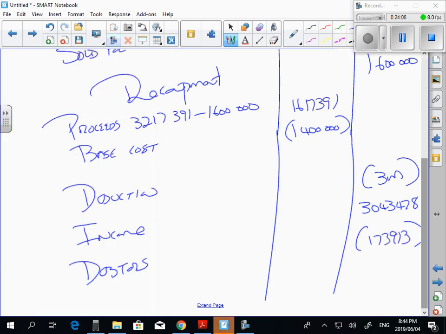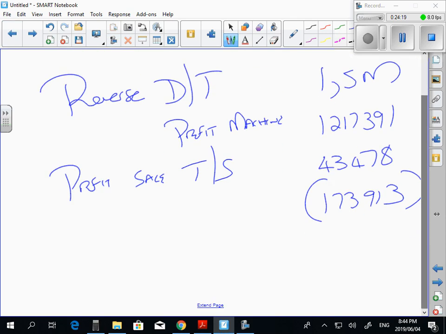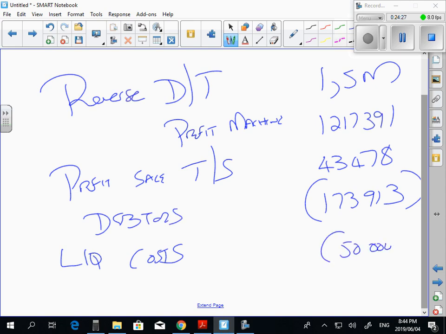I'm left with liquidation costs. In your tax calc, guys, your liquidation costs are just a dash because they're not in the production of income. But the liquidation costs will go into your accounting profit. So you will have a minus 50,000. Are you guys comfortable with that? But it's not tax deductible.